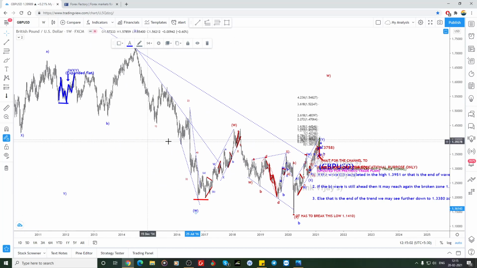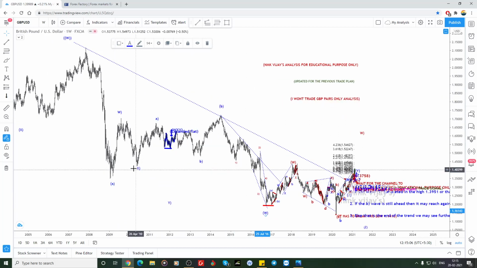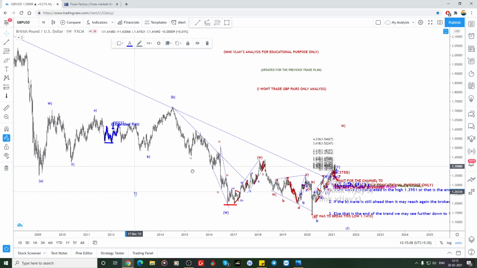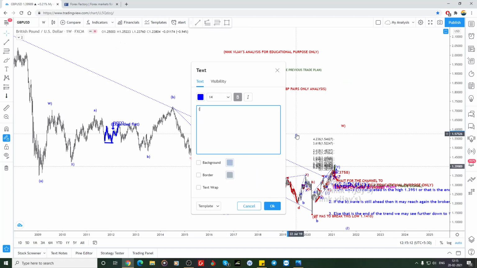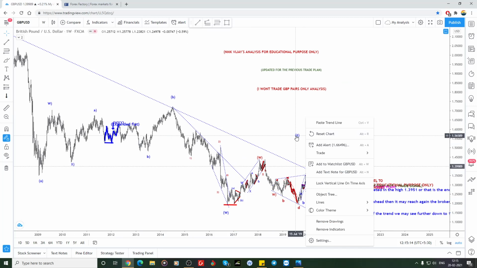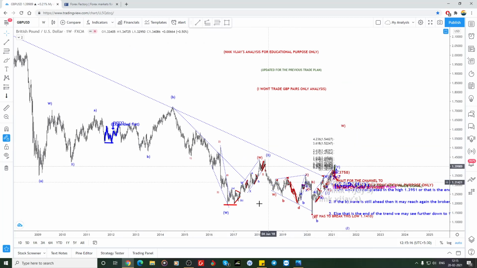if this is the W and this is the X, sorry, where is that? Okay, if this is the X, this is the end of the X, ABC is already over, so in the formation of WXY ABC, that Y wave is also over, it has already broken the low.